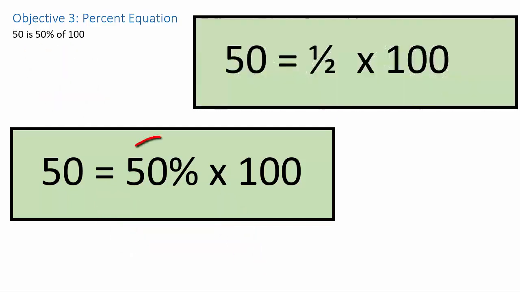And recall that 50% is the same thing as 50 over 100, and 50 over 100 reduces to 1/2. So another way to think of this is 50 is 1/2 of 100. So to take 50% of something, that's the same thing as taking half of it.